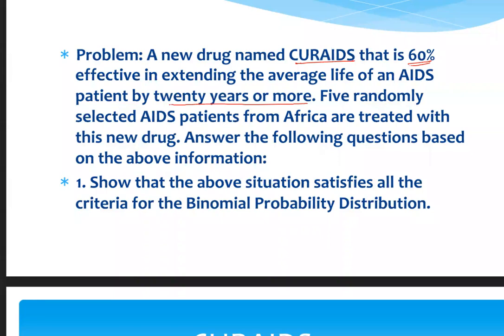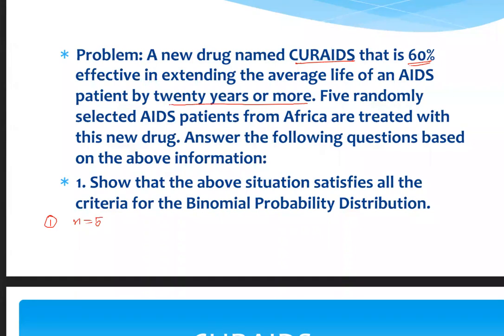So let's start off one by one. Number 1, who wants to volunteer? So please be proactive. Would the trials be the 5 people in question? So 5? Fixed number of trials, n is equal to 5.